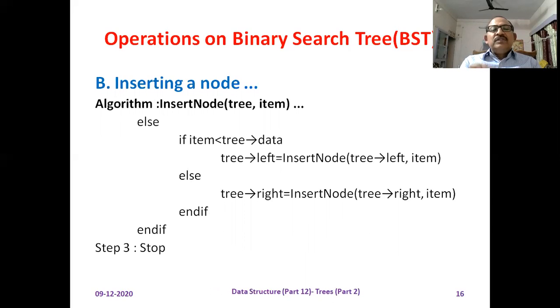If item is less than tree data, we call the insert node algorithm recursively with parameter tree left, because at this time we want to insert the new item in the left of the root node, comma item. Else tree right equals insert node tree right, comma item.